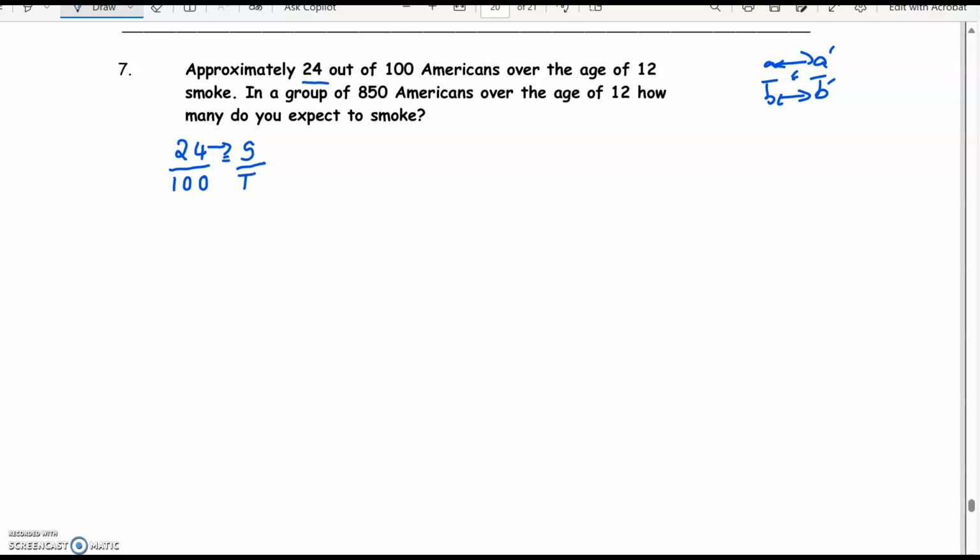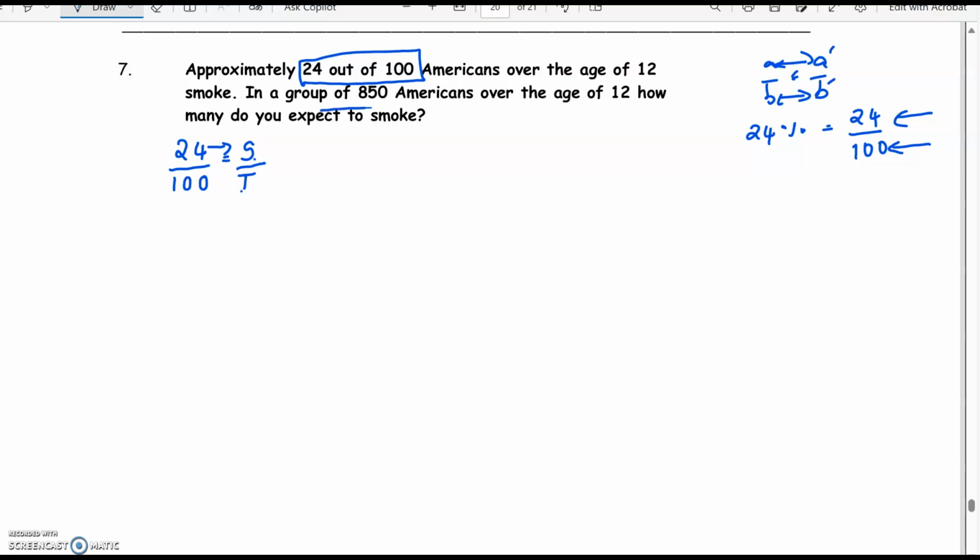So every time you see something like this, it is nothing but a 24%. 24% of the American population over the age of 12 smokes, which means out of every 100 people, 24 smoke. So smokers over total is the ratio.